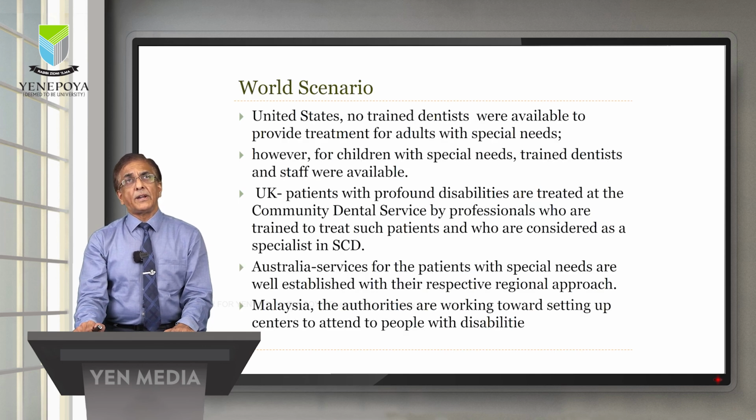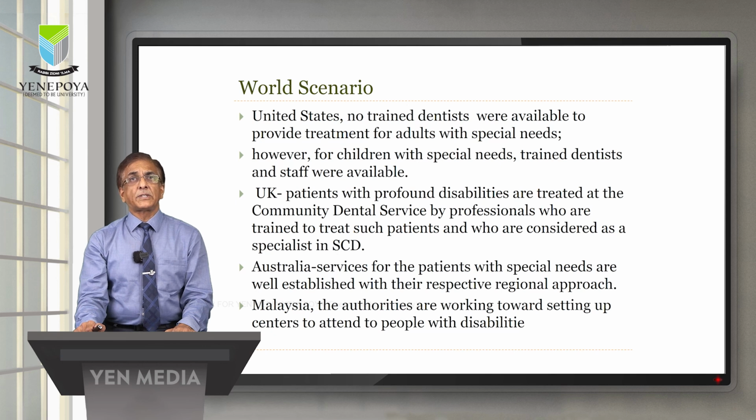Now let us see the world scenario. In the United States, no trained dentists were available to provide treatment for adults with special care needs. However, for children with special needs, trained dentists and staff were available.